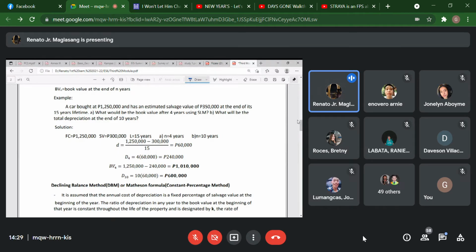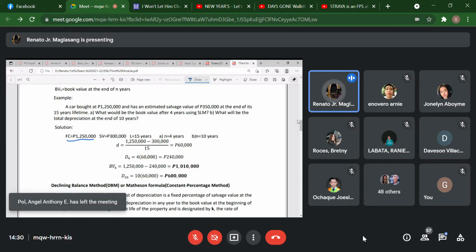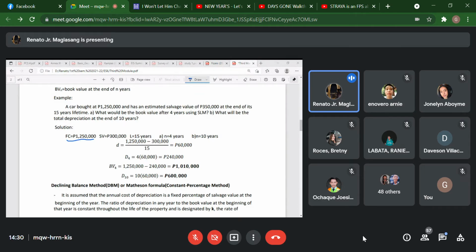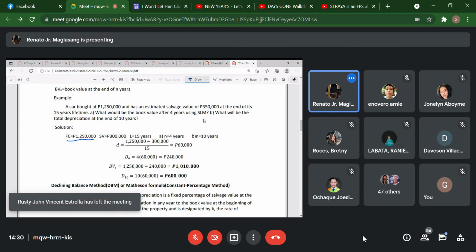First, you identify the given, to make it easier to solve. As you can see, the first cost is 1.25 million. There are instances where you have to solve for the first cost, because in some problems the first cost is subdivided into different values.